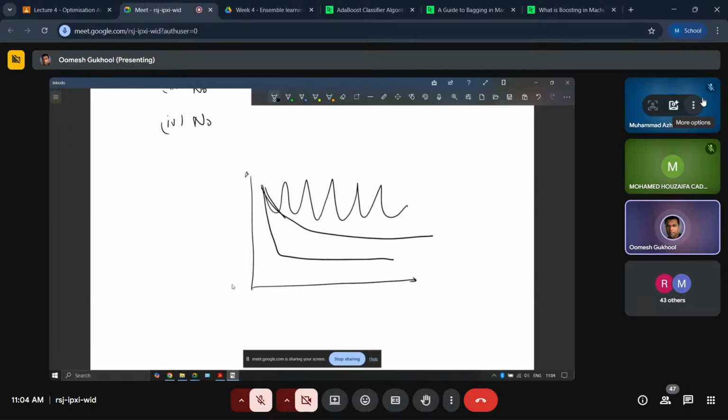A normal one would be something like this, and at some point in time it stabilizes. If you're looking at a global minimum, it should reach close to the global minimum, not necessarily the global minimum itself. If you're looking at an objective function to maximize, it will be the inverse. It will be something like this, not like this. So it's just the inverse.